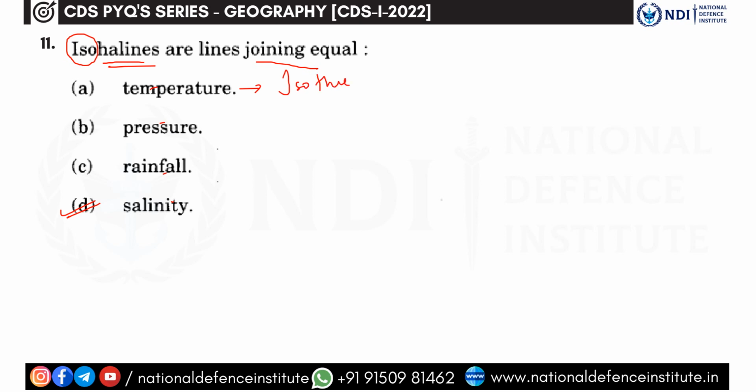isotherms, and we have isobars, we call the line joining equal pressure, equal rainfall. Isonef is for equal cloudiness.